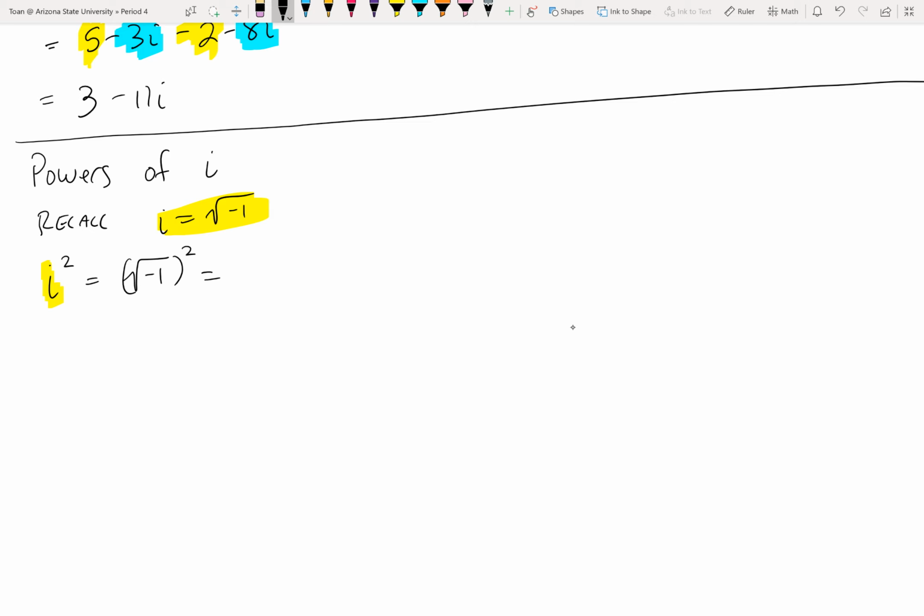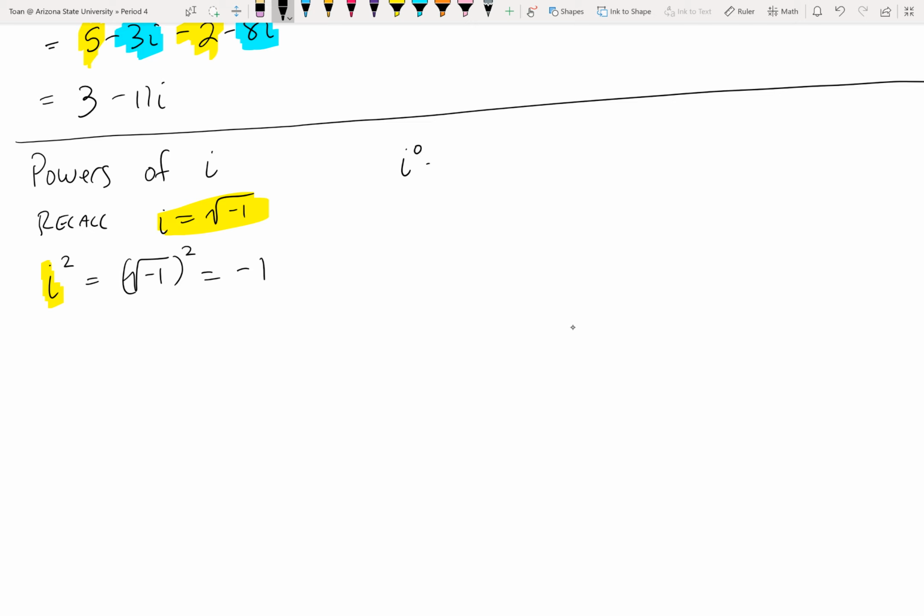And I hope we all know that a square root and a square cancel each other out, which gives you negative 1. You get the idea? I'm going to do the same thing for a cube, the 4th power, and the 5th power. I'm going to skip the work and just write down the result, but just know that's exactly what I'm doing.